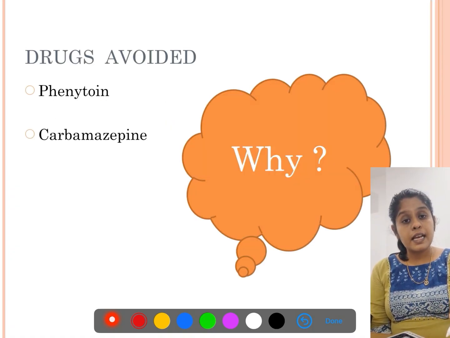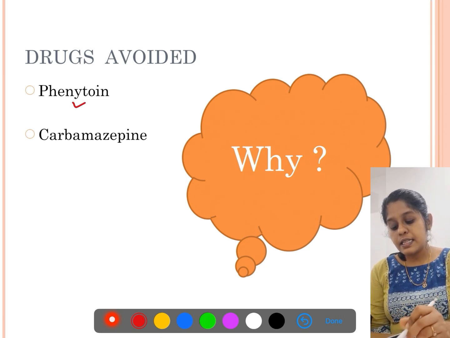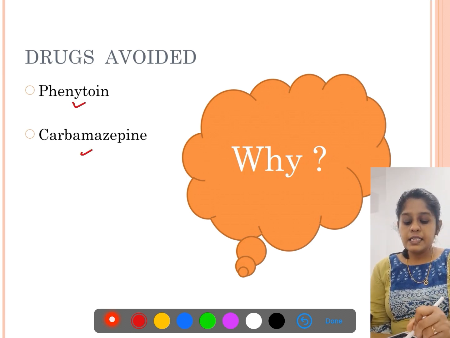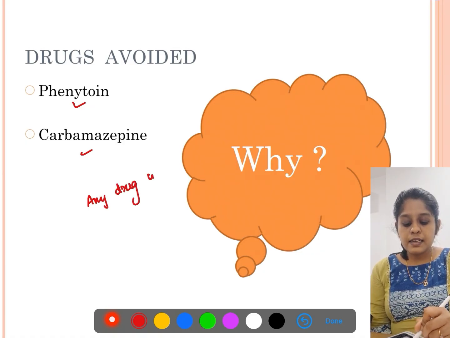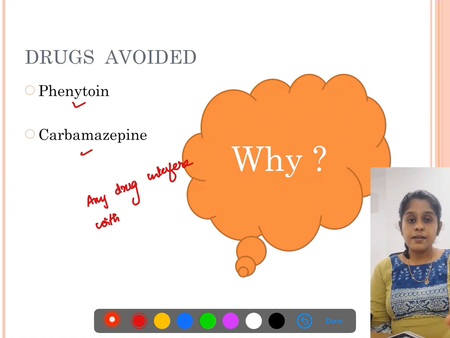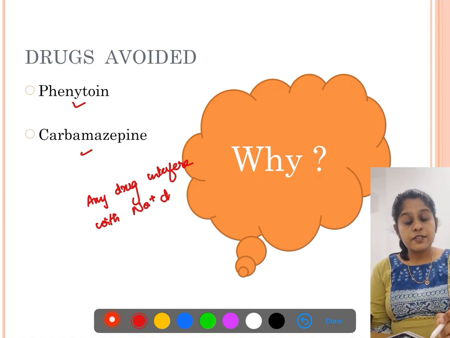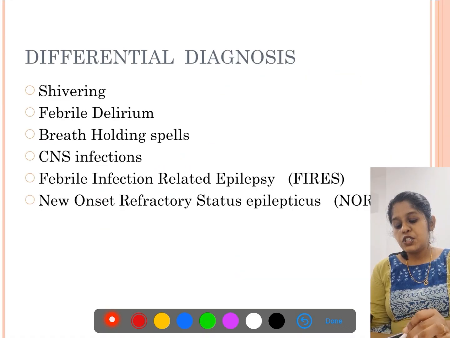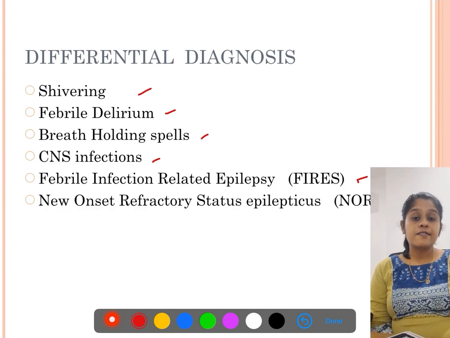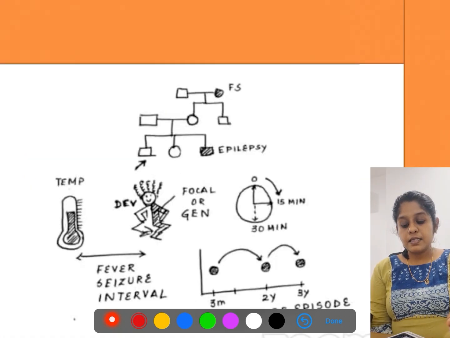Drugs that have to be avoided in febrile seizure are phenytoin and carbamazepine. Any drug that interferes with the sodium channel we have to avoid. Coming to the differential diagnosis, it can be shivering, febrile delirium, breath holding spells, meningitis, febrile infection related epilepsy syndrome, or NORSE, that is new onset refractory status epilepticus.